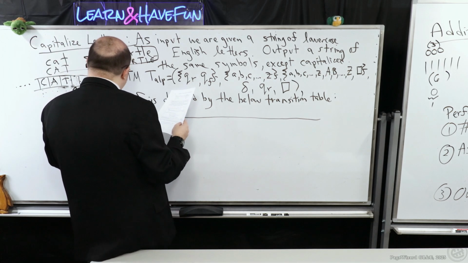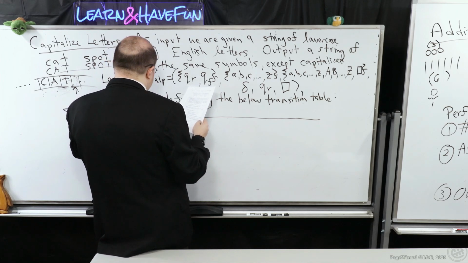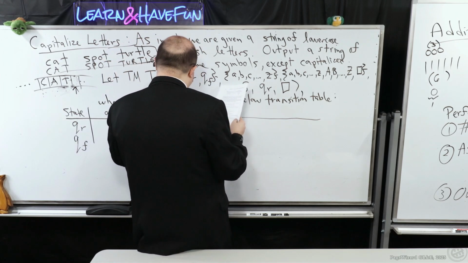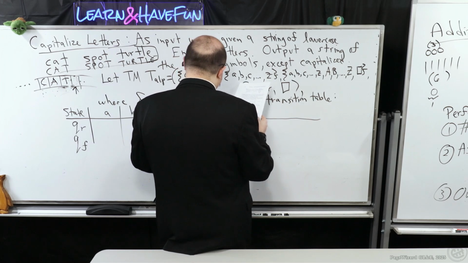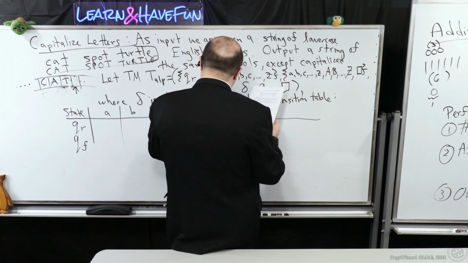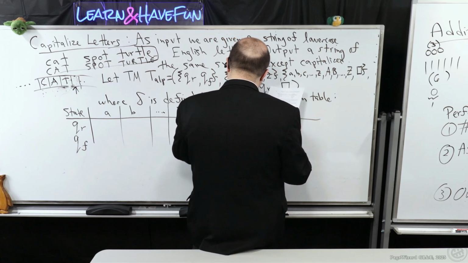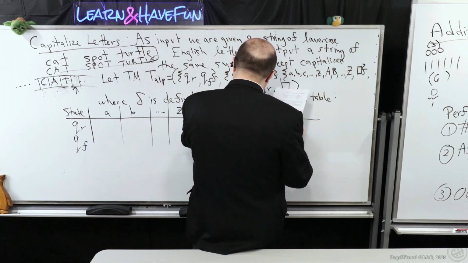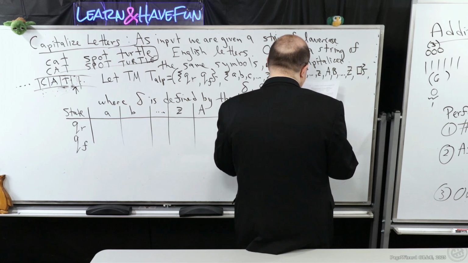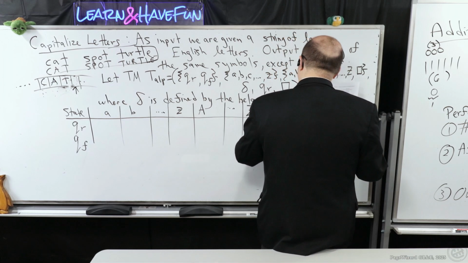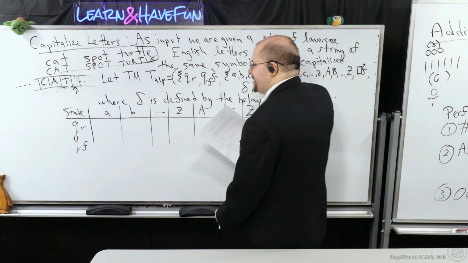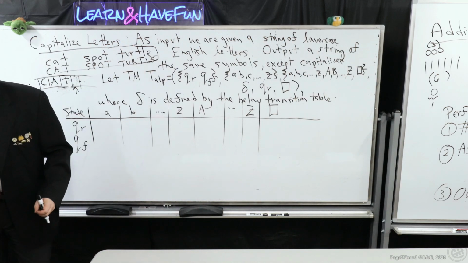It's going to have a, b, dot, dot, dot, z, lowercase z, to be a bit more precise. Uppercase A, dot, dot, dot, uppercase Z, blank symbol. So those are the columns of our transition table.